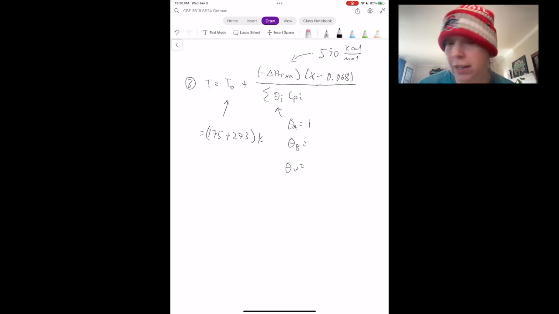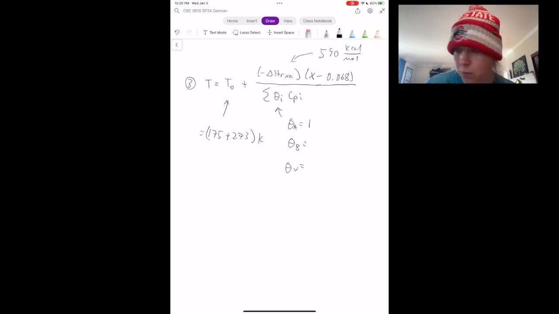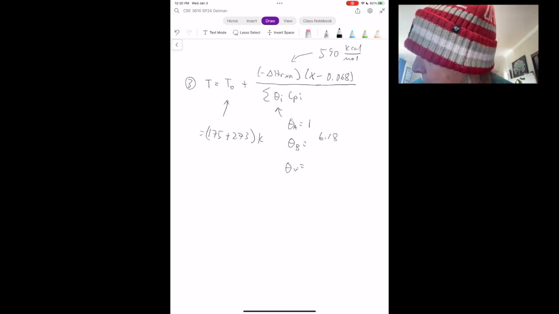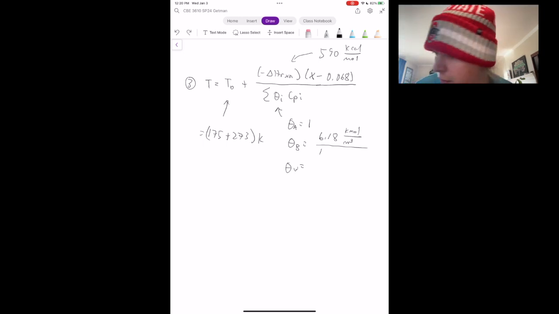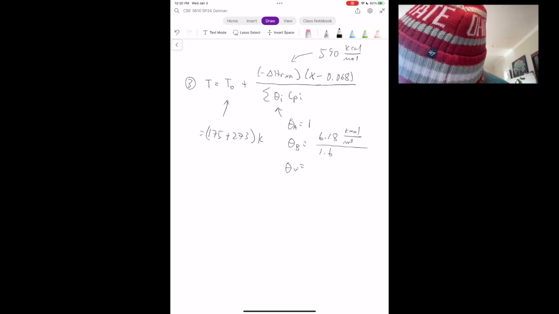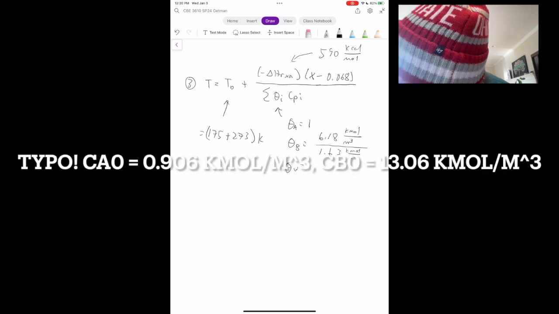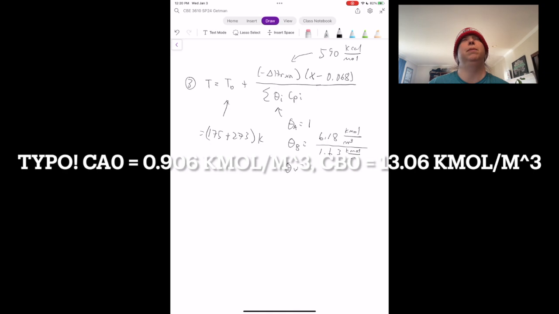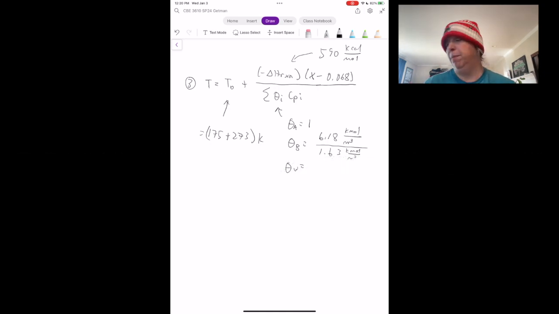This results in a concentration of B of 6.18 kilomoles per meter cubed, and a concentration of A of 1.63 kilomoles per meter cubed. So that's my theta B for the beginning of adiabatic operation.